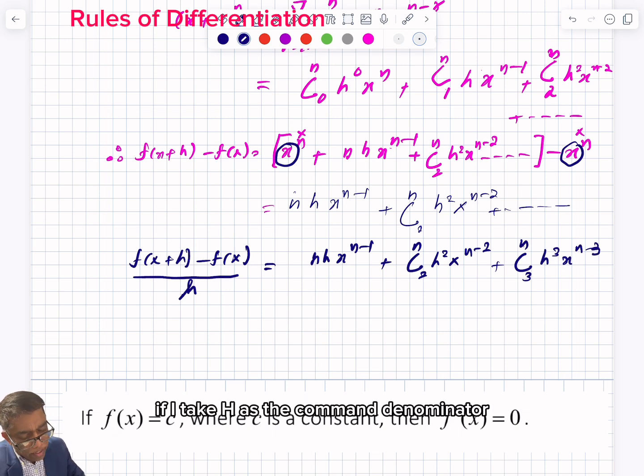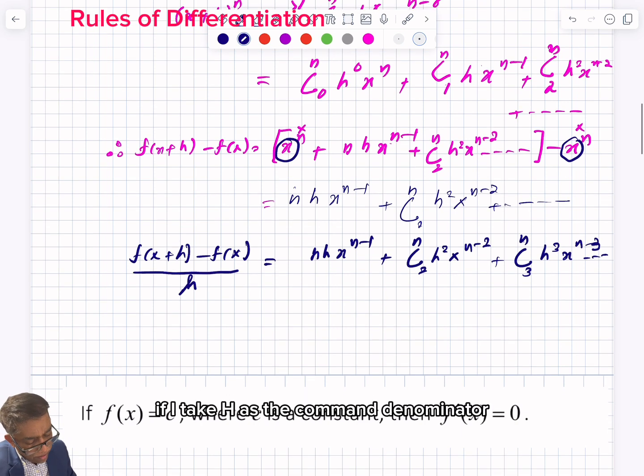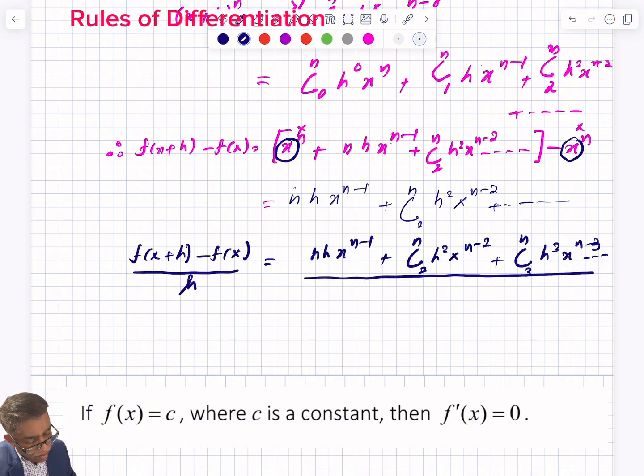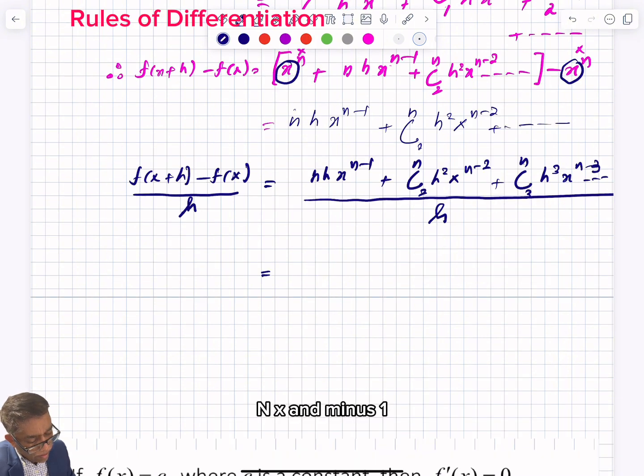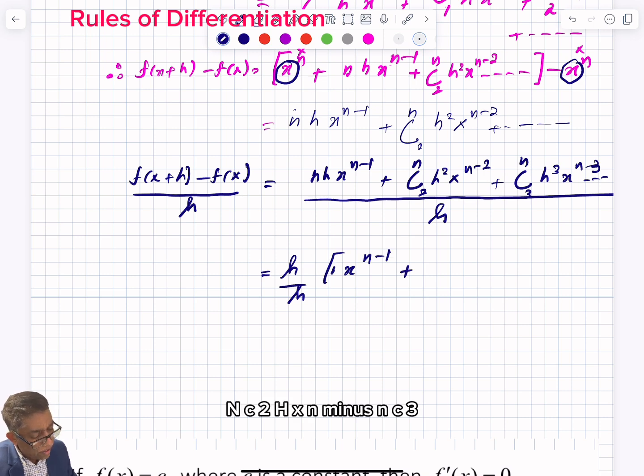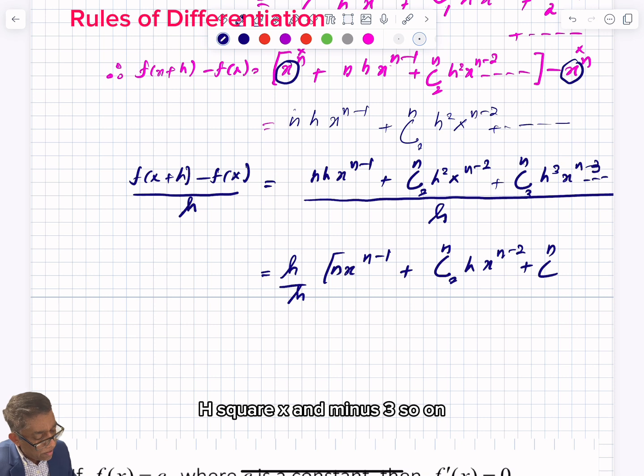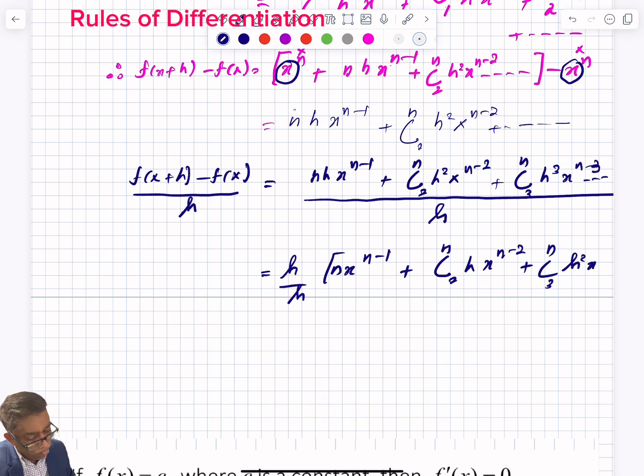If I take h as the common factor, we get n x^(n-1) plus nC2 h x^(n-2) plus nC3 h^2 x^(n-3), and so on. h and h get cancelled.